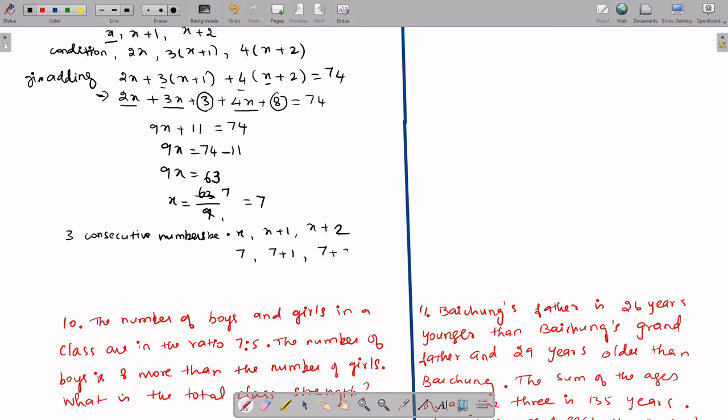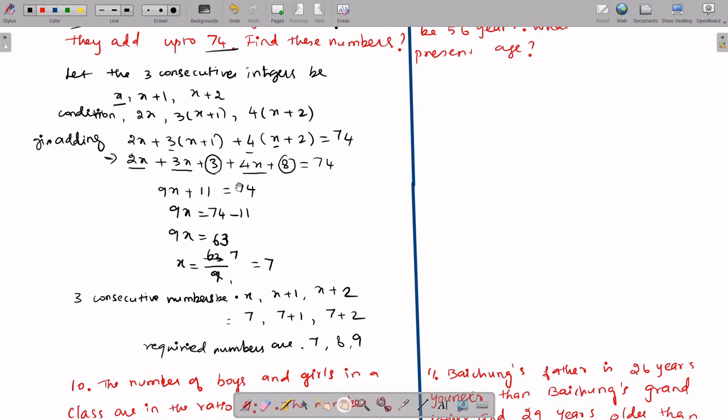So the required numbers are 7, 8, 9. And don't get confused: don't substitute these values into 2x, 3 into x plus 1, 4 into x plus 2. That is used after multiplying and adding to get 74. To get the x value only we use this condition, and then you substitute into the numbers.